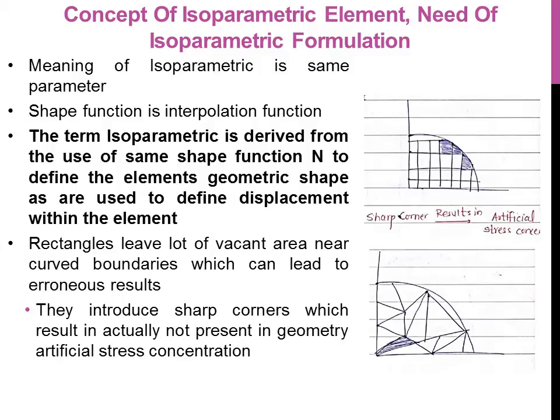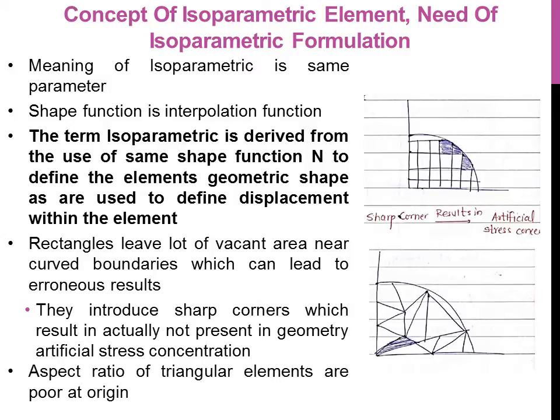When you are using rectangular elements to discretize this continuum, rectangles leave a lot of vacant area near the curved boundaries, which can lead to error, and they also introduce sharp corners which are actually not present in the geometry, and because of that artificial stresses are generated.